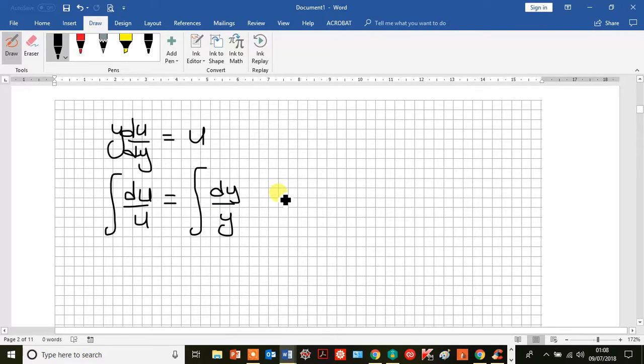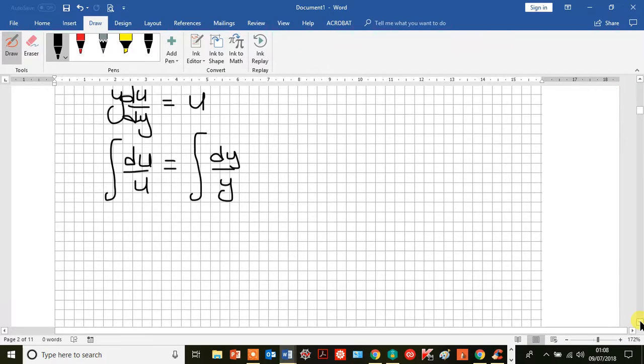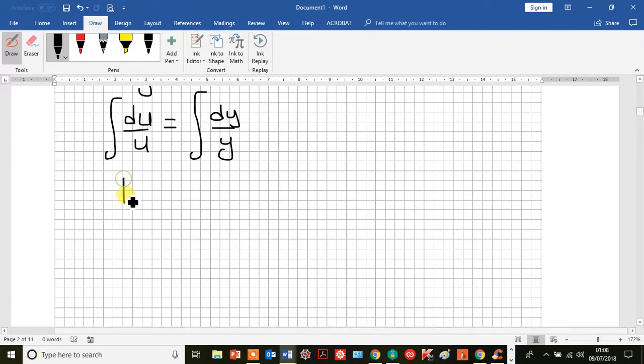And if we integrate, what we find is that we get the logarithm of, I'm going to put modulus signs in there, which is what some mathematicians do, and that's equal to the log of y plus, I'm just going to call this a as a constant, because I want to use c's as the main constants.